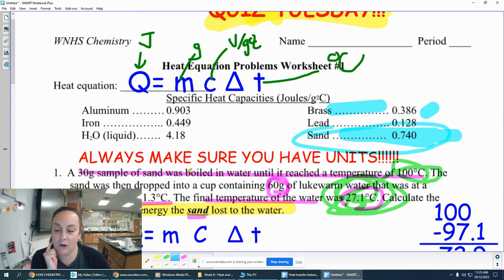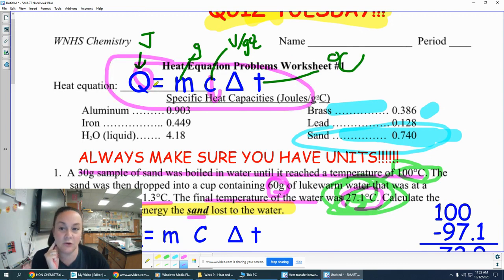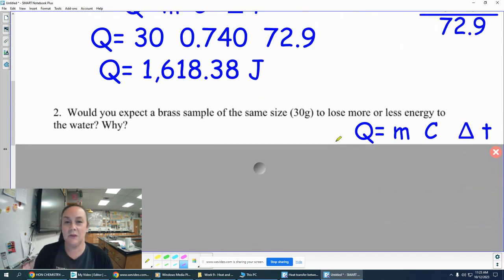I want you to think about how those two things affect the Q on that. If I had a lower C value, what would that do to the Q? If I had a lower M, what would that do to the Q? I'm not going to give you the answers on that. You can read the answers on here. I want you to think about it and say, do you think it would transfer more or less energy if we cut it in half, or if we used a different material based on its C value.